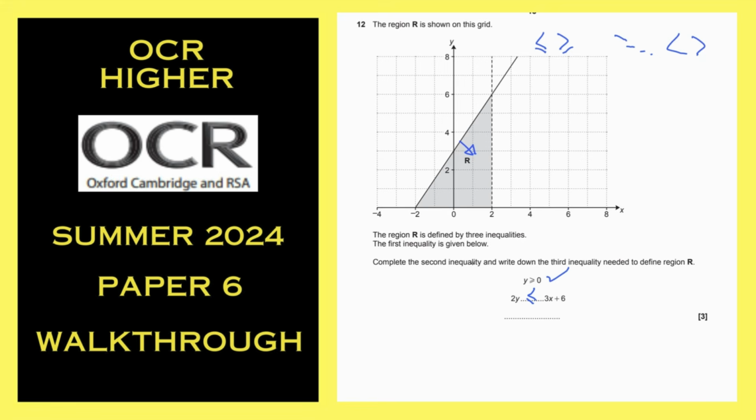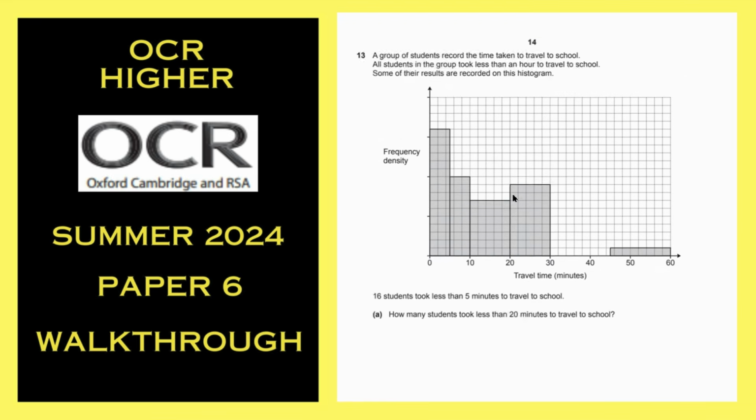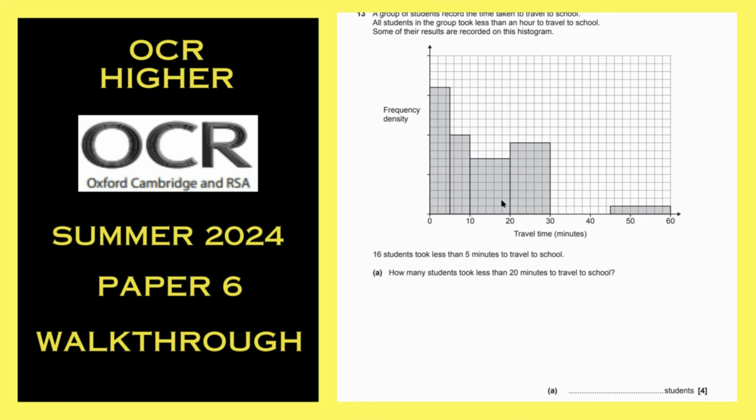This vertical line here, that's of the form x equals 2, but we are looking at left. That's where x is underneath or smaller than 2. It's a dotted line, so we leave it alone. There's no equals 2 there. Take care. Number 13 for some histograms.